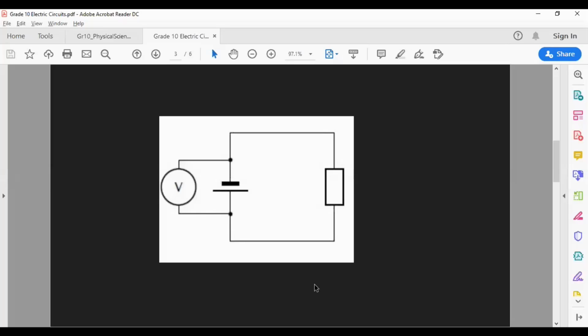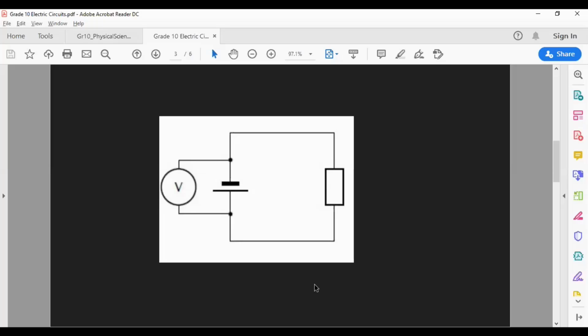But before you can get to that level, you need to learn all the components of a circuit. Also, we'll take a look at resistance.